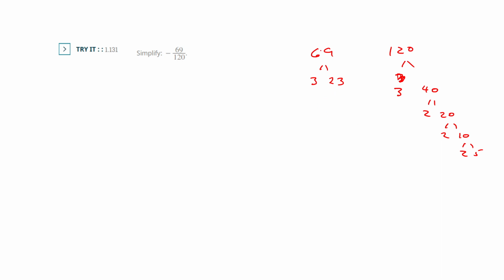Okay, so this one barely broke down at all. So I did a lot of work on this one, and because 23 doesn't go any farther, it wasn't all that helpful. But I can cancel now a 3 and a 3, so they're gone. And now I'm just going to put it back together. So the 10, 20, I'd have 40 down there.